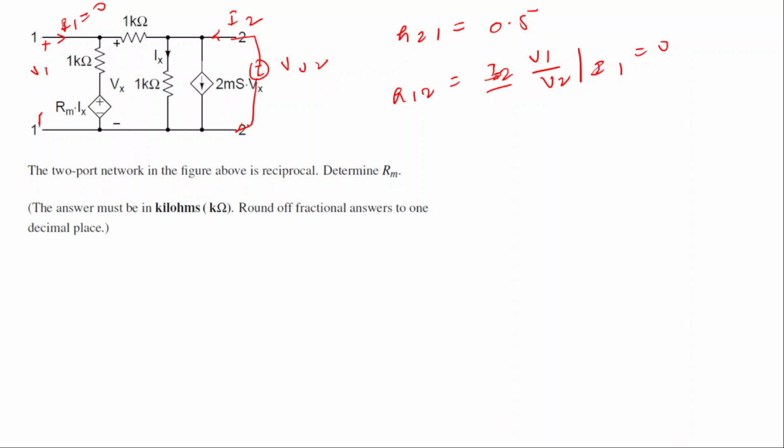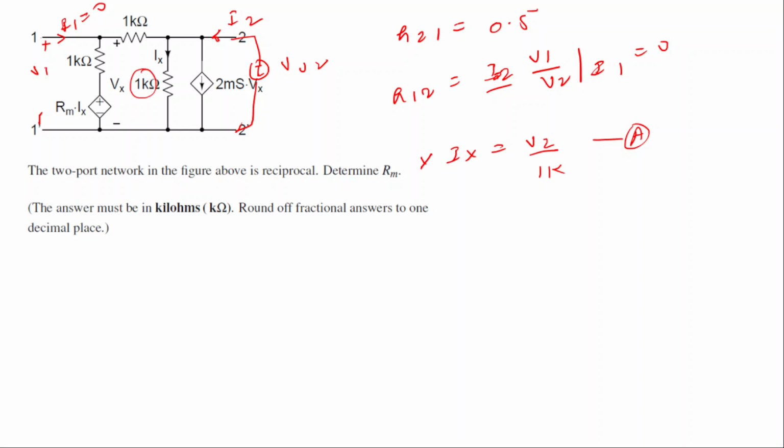Now this current is I2, and the voltage across this is also V2. So the current in this 1K resistor will be Ix, and Ix will be equal to V2 by 1K. So this is our equation A.